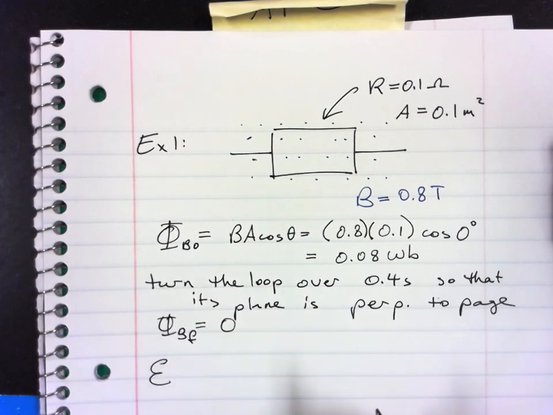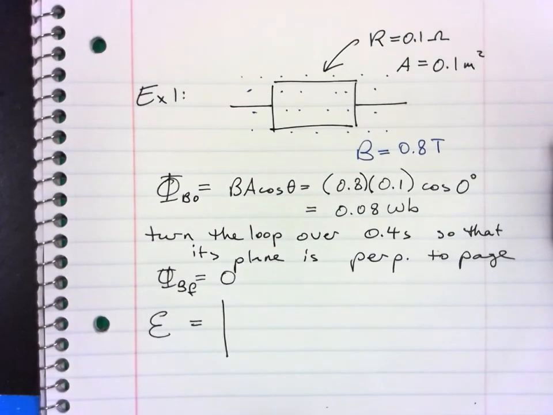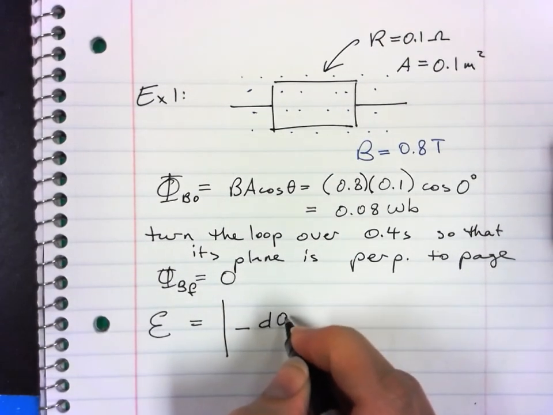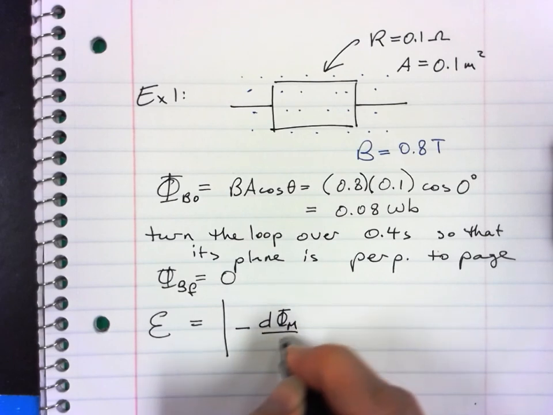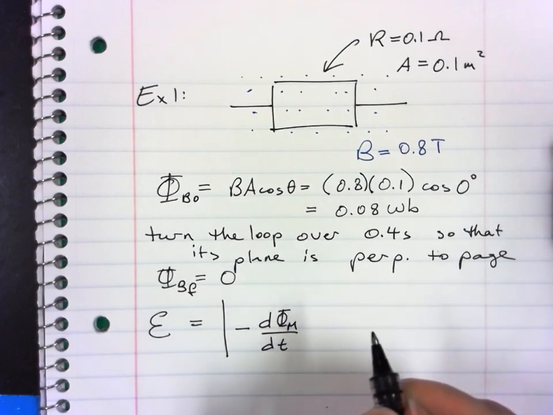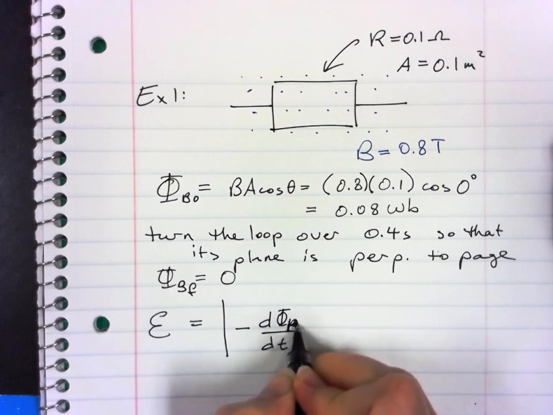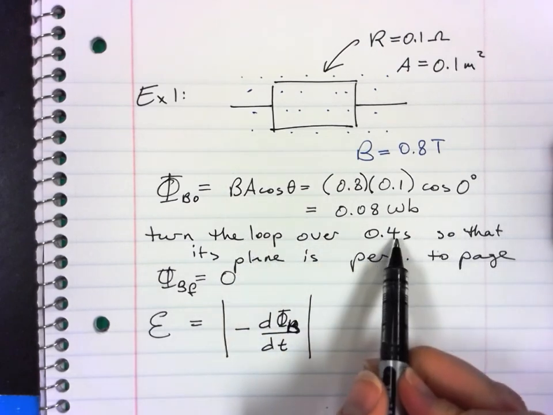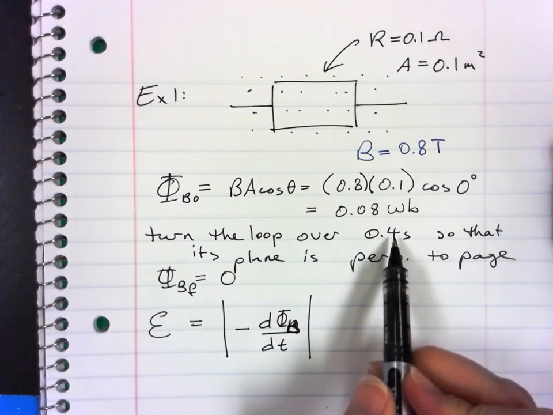So to calculate the EMF, and I want magnitude. All the questions are going to be magnitude. So magnitude, absolute value of negative d flux dt. I wrote M for magnetism. We've been doing B. They're the same thing. Well, I have a particular amount of time, in fact, a pretty big chunk of time.